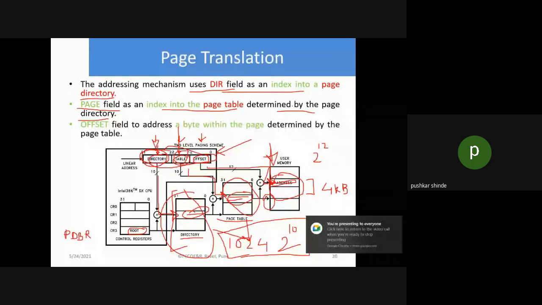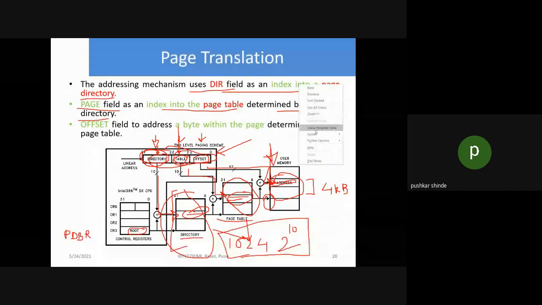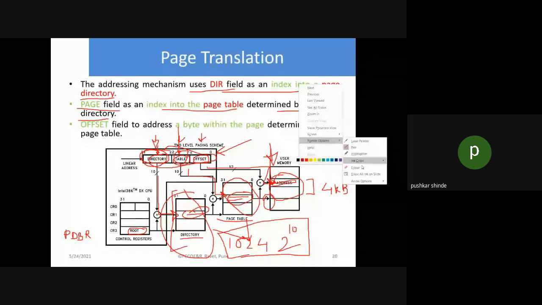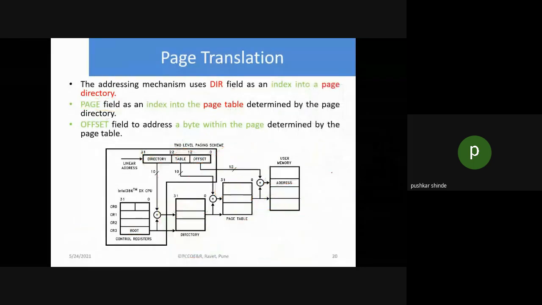So this is the way page translation happens. This is the paging mechanism of the 80386DX.